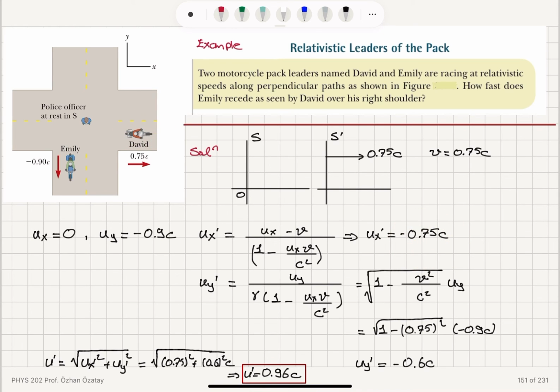So David thinks the x component of Emily's velocity is minus 0.75 c. And for uy prime, uy over gamma times 1 minus uxv over c squared, with ux equal to 0, we obtain uy times the square root of 1 minus v squared over c squared, which gives us minus 0.6 c. And therefore the speed observed is the square root of ux prime squared plus uy prime squared. That's 0.96 c.